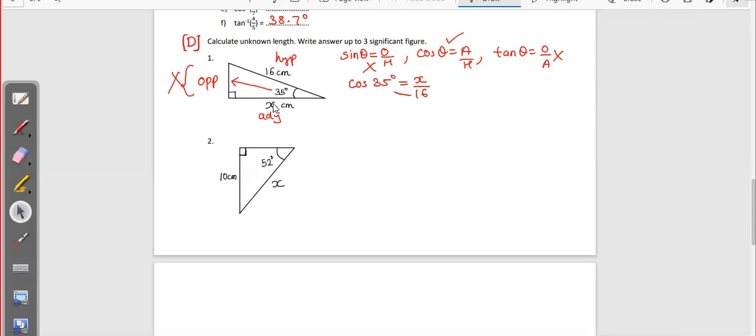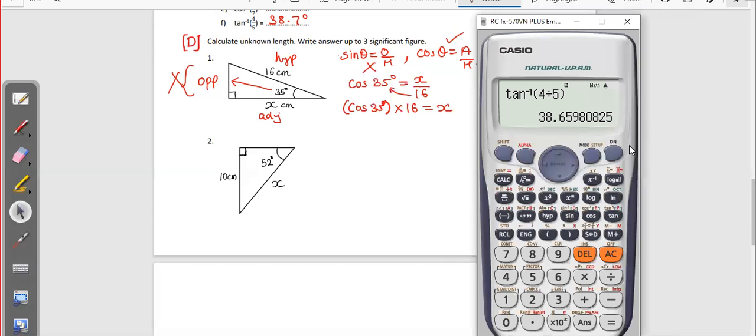After that we will move this 16 here because we want to find the x value. When you are writing cos 35 degrees, make sure you write the bracket. Cos 35 degrees, put the bracket, multiply sign, and then 16 will give you the x value. Use the calculator to work out these values, that is cos of 35.